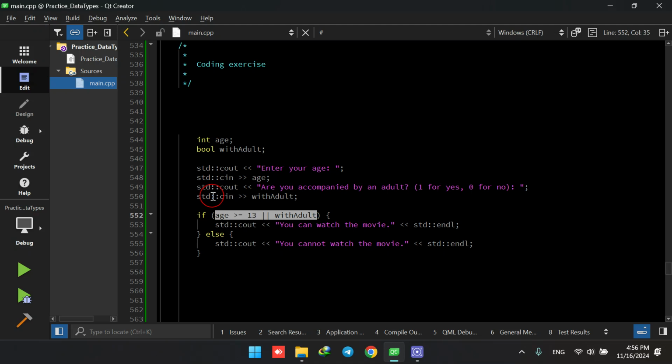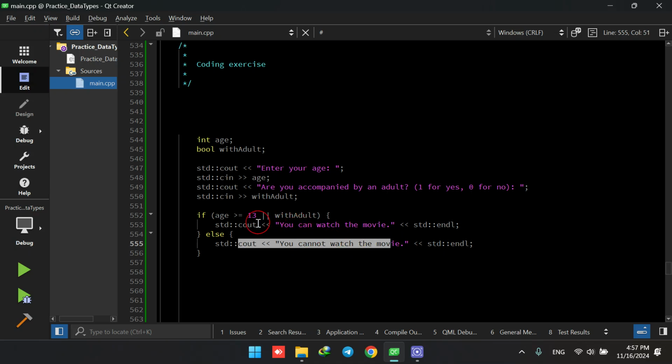But if only one of them is correct, it's still okay, and it enters the condition and reads the statement in it. So here it says: are you 13 or above, or are you being accompanied by an adult? If either of these two conditions is correct, then you can watch the movie. Otherwise, you cannot watch the movie.